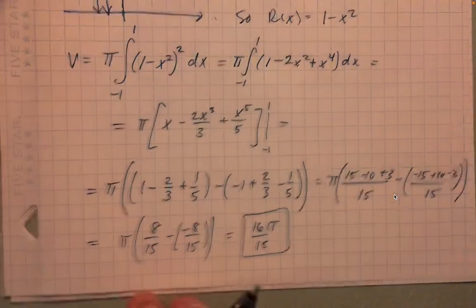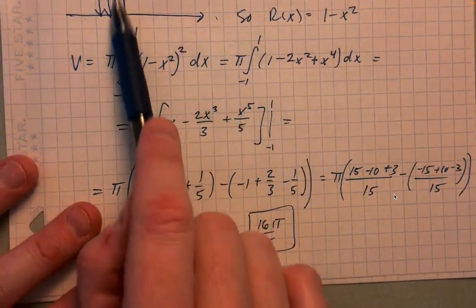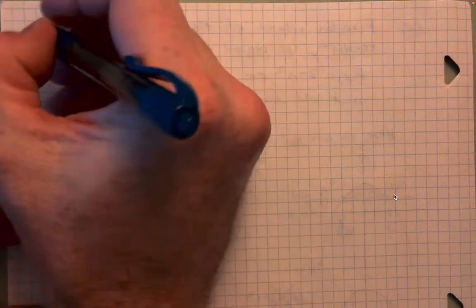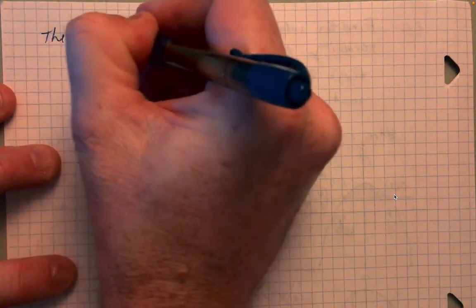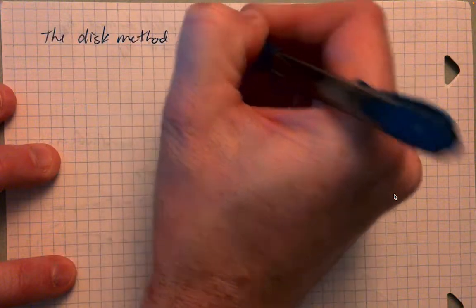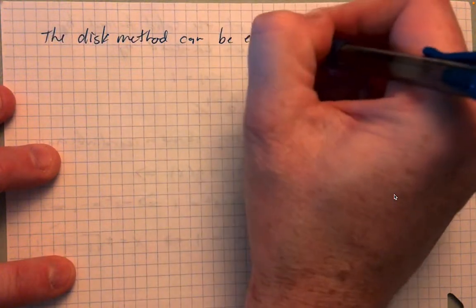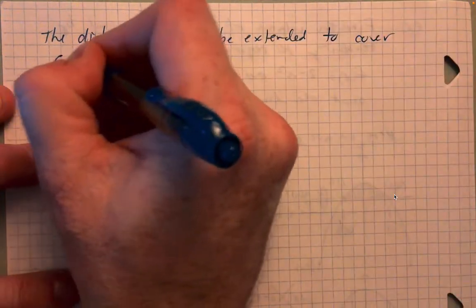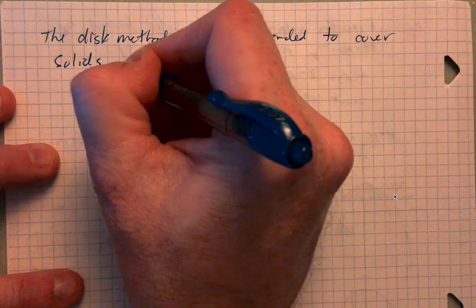Now, this idea of having the radius be some kind of a hybrid is a good segue into this slight modification of the disk method that makes it quite a bit more powerful. So the disk method can be extended to cover solids of revolution with holes.